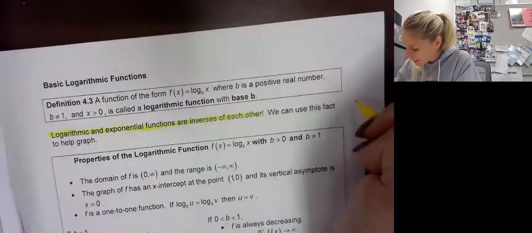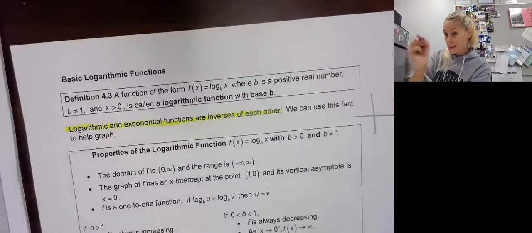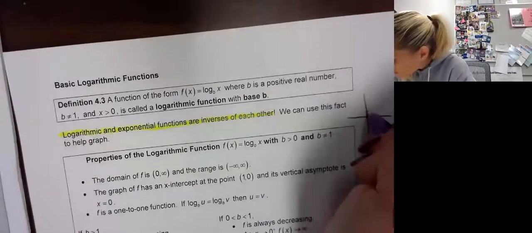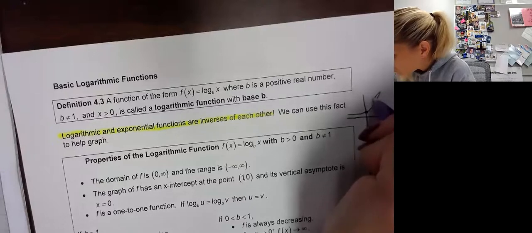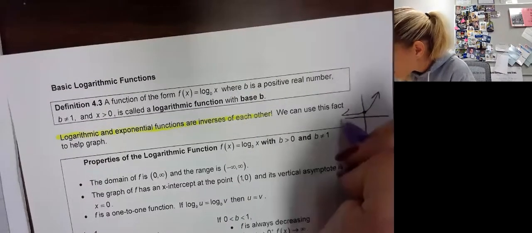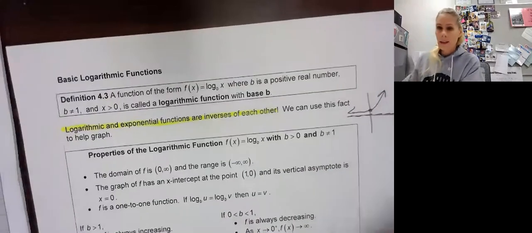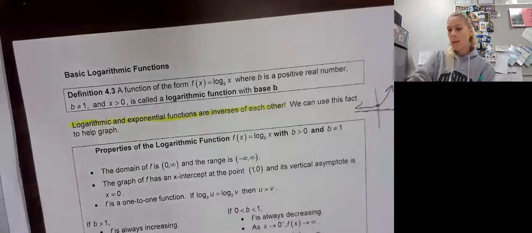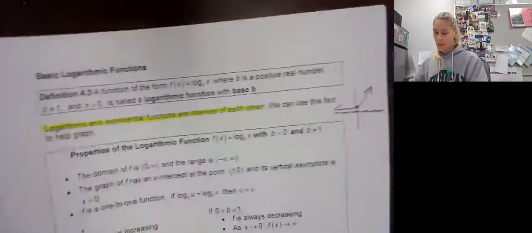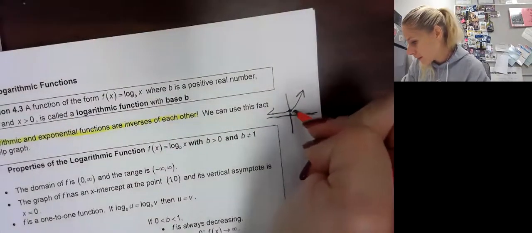That's why. Okay, so what does that mean really quick? I'm going to put this on the side. So remember our exponential, and I'm going to have my exponential in purple. Remember, it went through 0, 1, and it had a horizontal asymptote at y equals 0, right? Well, logarithm, because they're inverses, remember that inverses reflect over y equals x.